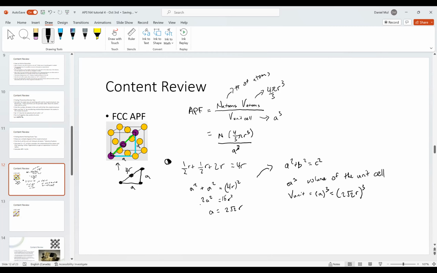Okay, and then for our V_atoms, let's see, we can just push this over here. If we consider the whole unit cell, how many atoms do we have? We have 1, 2, 3, 4, 5, 6, 7, 8 in the corners. So if we take 8 times 1/8, that's for the corners.